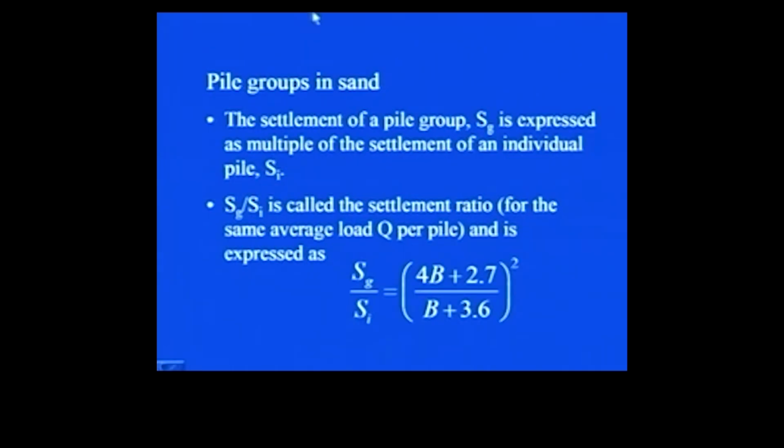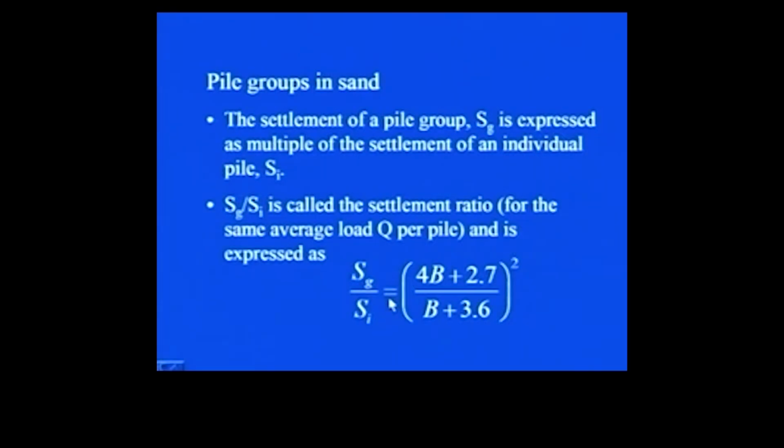So, it has been seen from different experimental experience that this Sg by Si, its maximum value can go up to the extent of 16. So, if I say it is maximum 16, in that case Sg by Si will become 16 and that will give rise to Sg equal to 16 times Si.